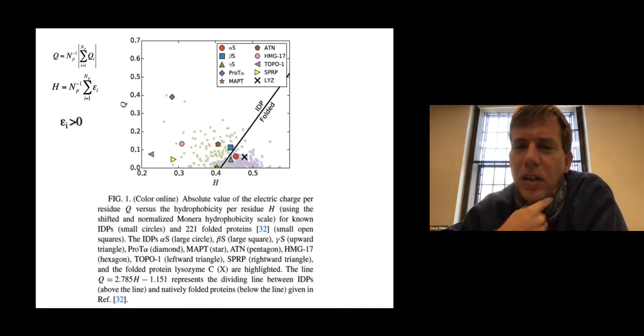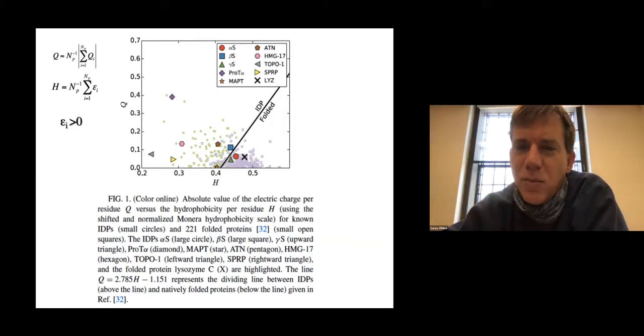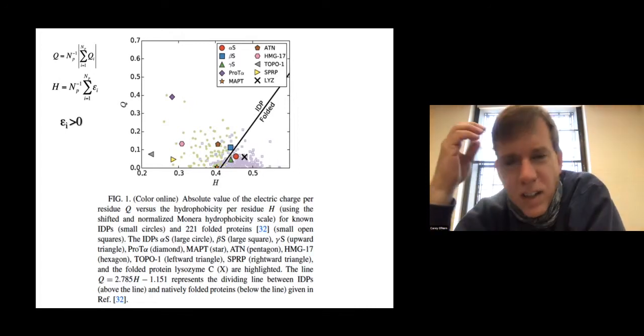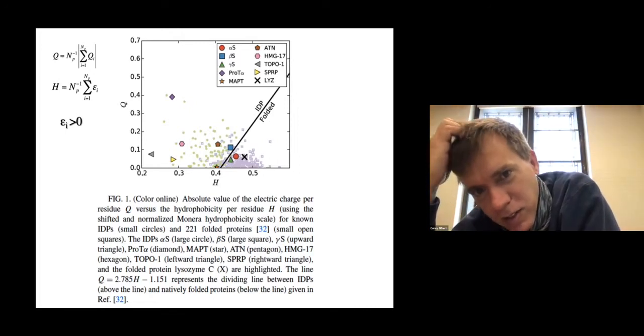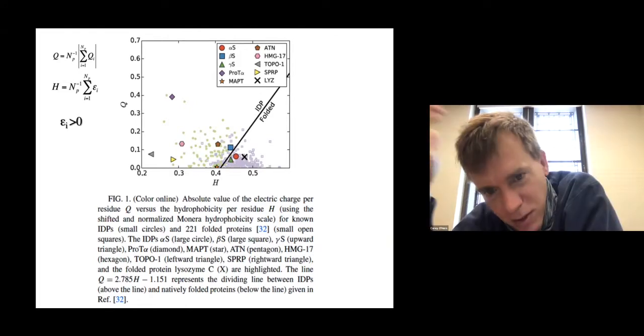And some of the ones that we're going to talk about more in later slides are sort of on the edge between intrinsically disordered proteins and folded. That's like the green triangle, which is gamma-synuclein and alpha-synuclein and beta-synuclein.